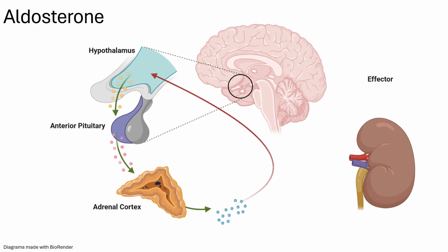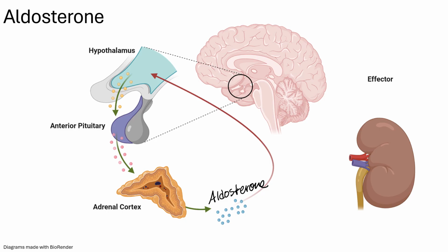Aldosterone, which we said is a mineralocorticoid, regulates ions like sodium and potassium in the blood, but it does that by working on the kidney. It is released from the zona glomerulosa, right? So this here is aldosterone. And it targets the kidney because that's its effector.